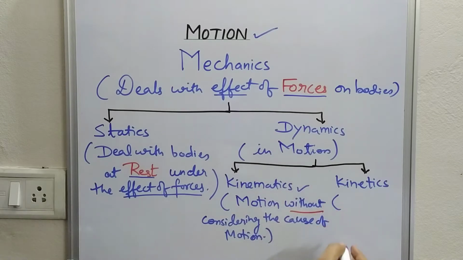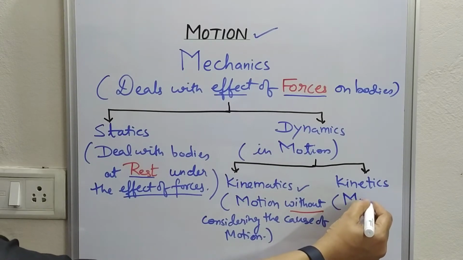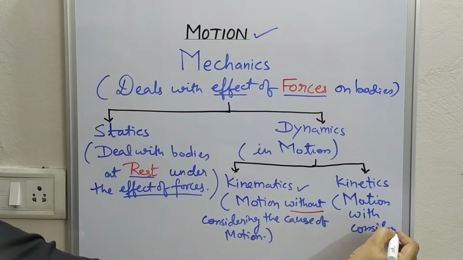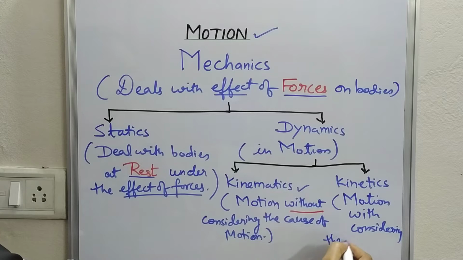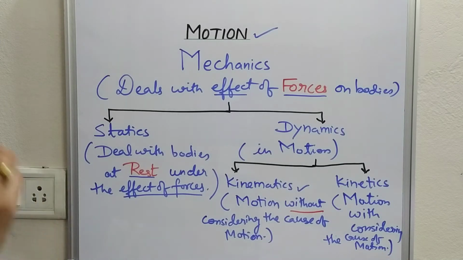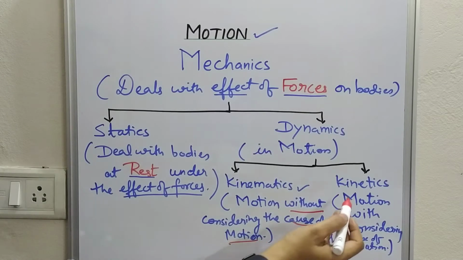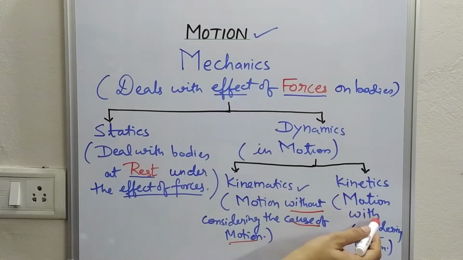Kinetics is the branch of physics that also studies motion of objects by considering the cause of motion. This is how we differentiate kinematics and kinetics. Kinematics studies motion of objects, but it doesn't consider the cause of motion. But kinetics studies motion by considering the causes of motion. So this chapter is about kinematics.